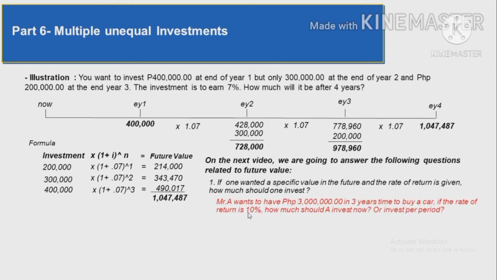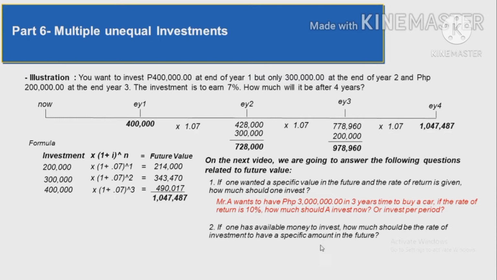For example, Mr. A wants to have 3 million in 3 years' time to buy a car. If the rate of return is 10%, how much should A invest now or invest per period? Meaning, the desired future value is given, the 3 million. The rate of return is also given. What's missing is the investment or investment per period amount.